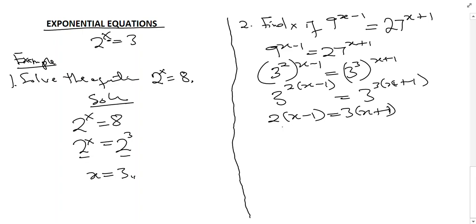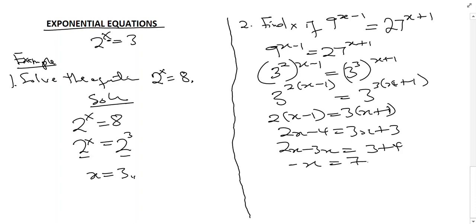So we expand this to get 2x minus 2 equals 3x plus 3. So we group like terms by saying 2x minus 3x equals 3 plus 2. So I have my minus x equals 5. Therefore x equals negative 5.